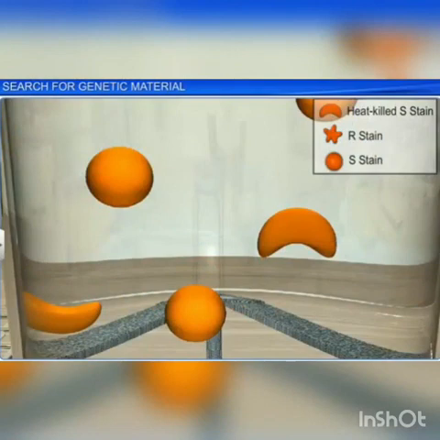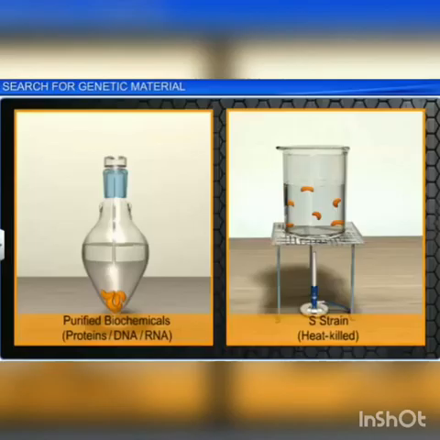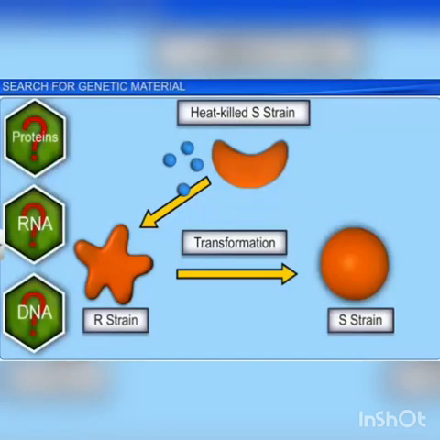For this, the scientists first purified the biochemicals, proteins, DNA, and RNA from the heat-killed S strain bacteria. They did so to identify the biochemical responsible for transforming the live R strain into S strain bacterial cells.